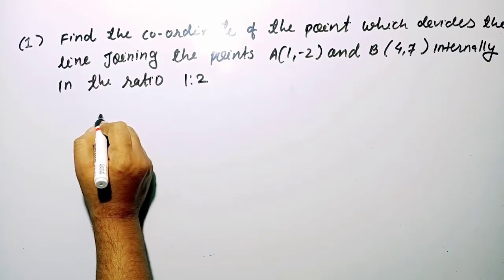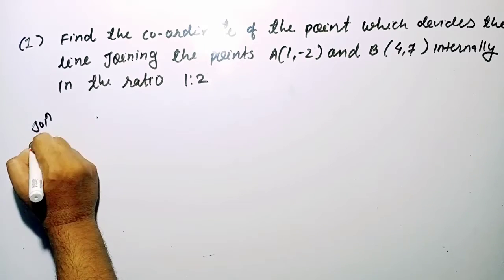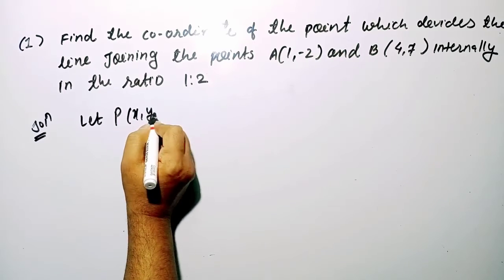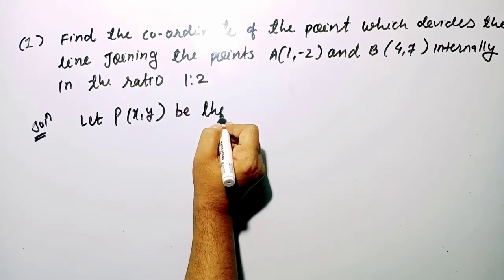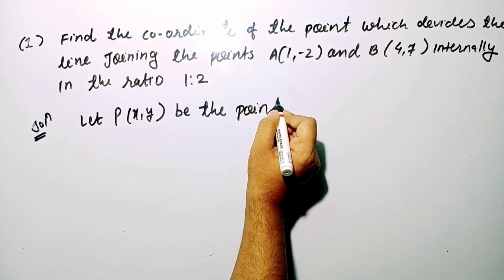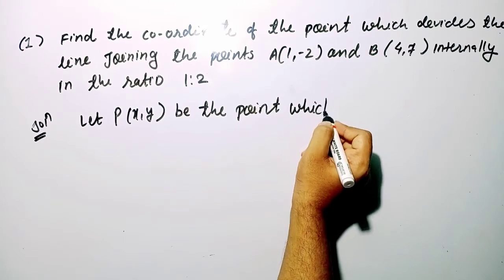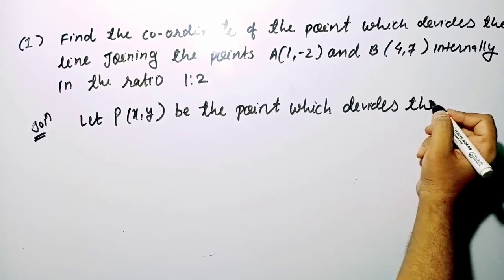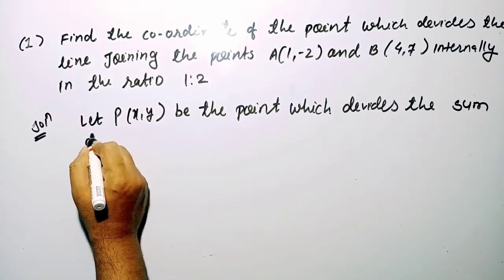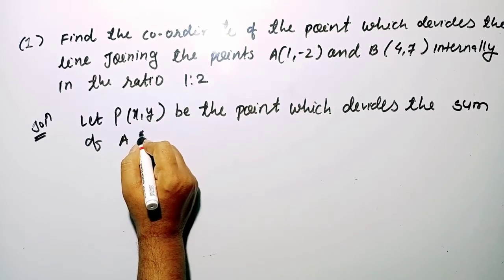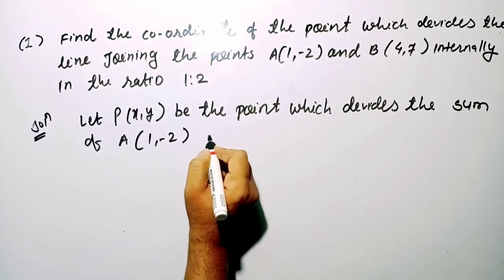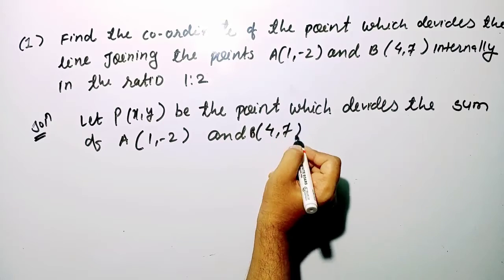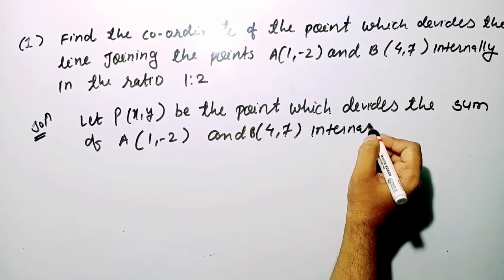Okay students, so here you can see a line segment having endpoints A and B. P is a point which divides the line segment in the ratio 1:2. Here A has coordinate (1, -2) and B has coordinate (4, 7).